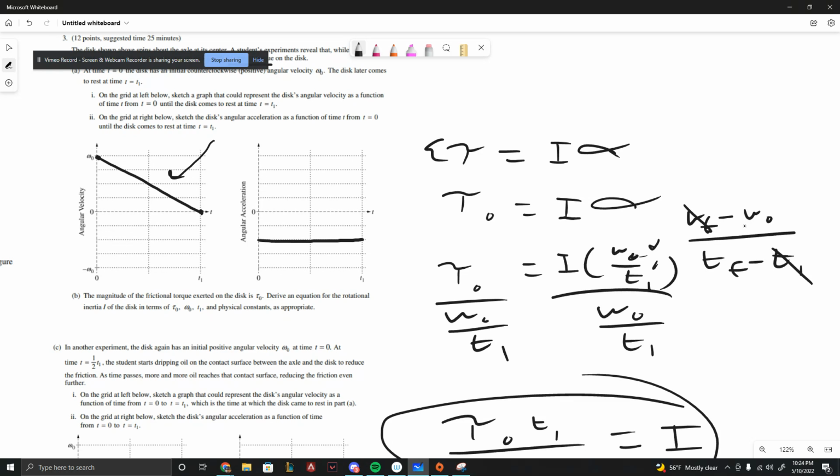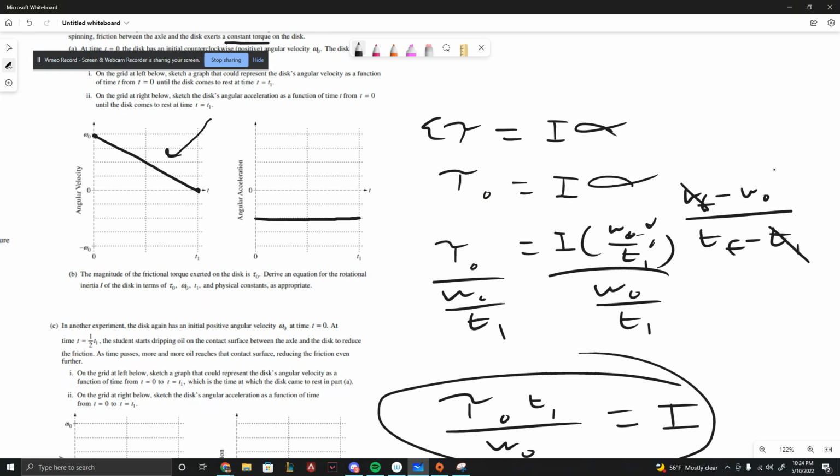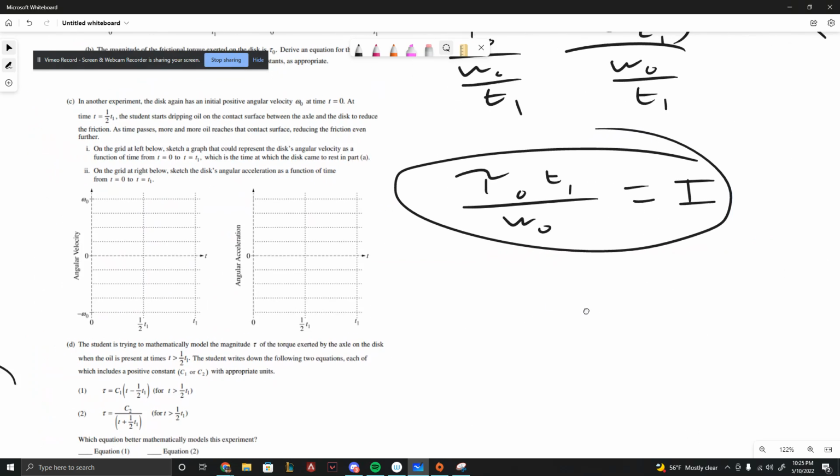So this is going to be negative omega naught over TF. The reason why this doesn't matter, and the reason why I didn't actually put the negative here, is because omega, remember, in our graph is negative. So we're actually going to have something like negative omega naught T1, basically. And those negatives will cancel out. So that's why I didn't include it before.